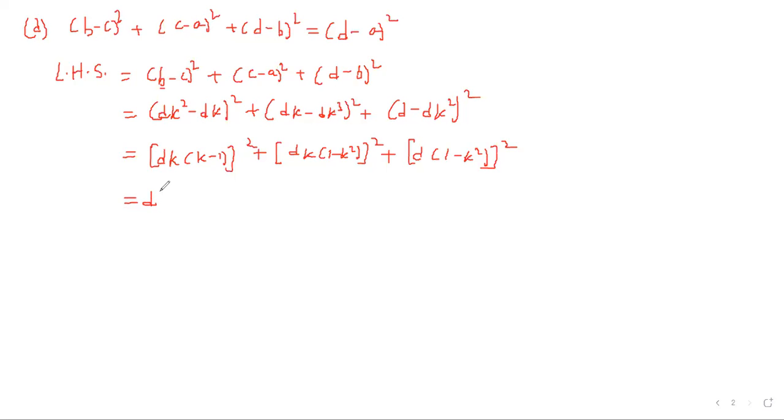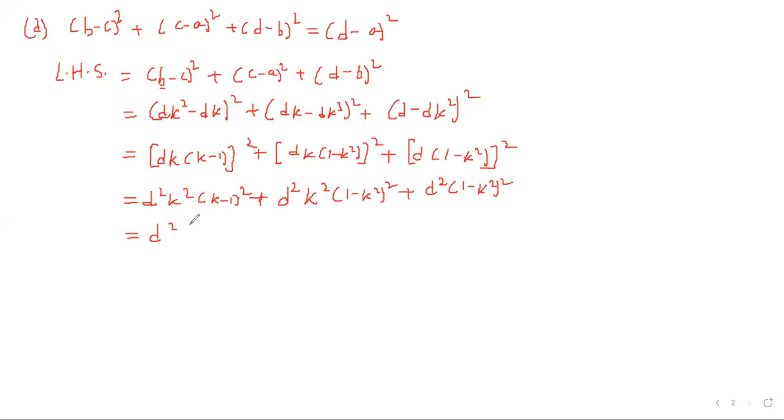On squaring, D square K square K minus 1 whole square plus D square K square 1 minus K square whole square plus D square into 1 minus K square whole square.